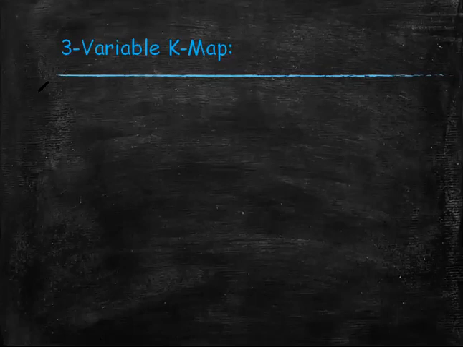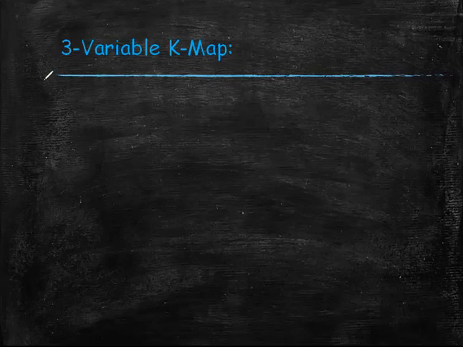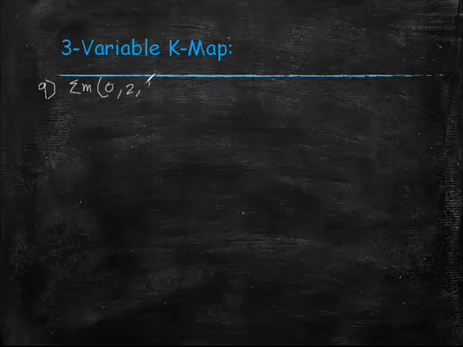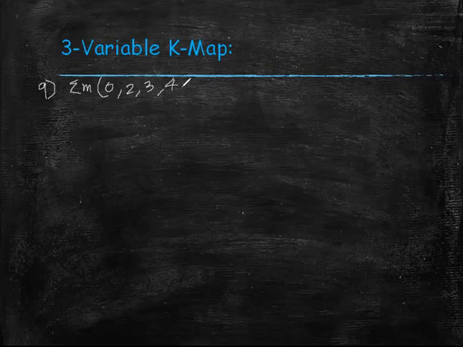And here it is the 9th question. Here only the canonical SOP form is given, for the 3 variable map. It is minterms of 0, 2, 3, 4, 5 and 6.